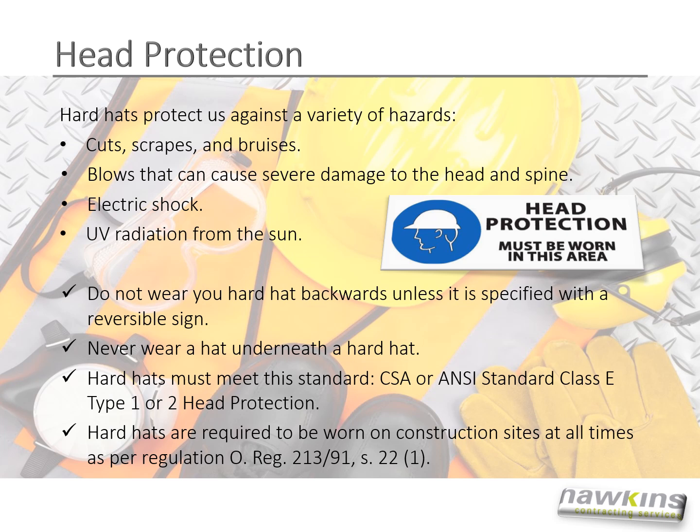Never wear a hat underneath a hard hat. Hard hats must meet this standard, CSA or ANSI Standard Class E, Type 1 or 2 head protection. And hard hats are required to be worn on construction sites at all times as per Section 22-1 of the Regulations on Construction Projects.